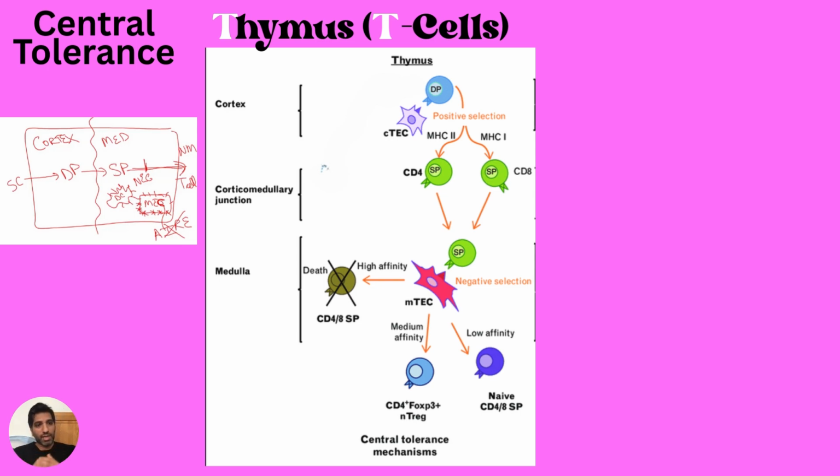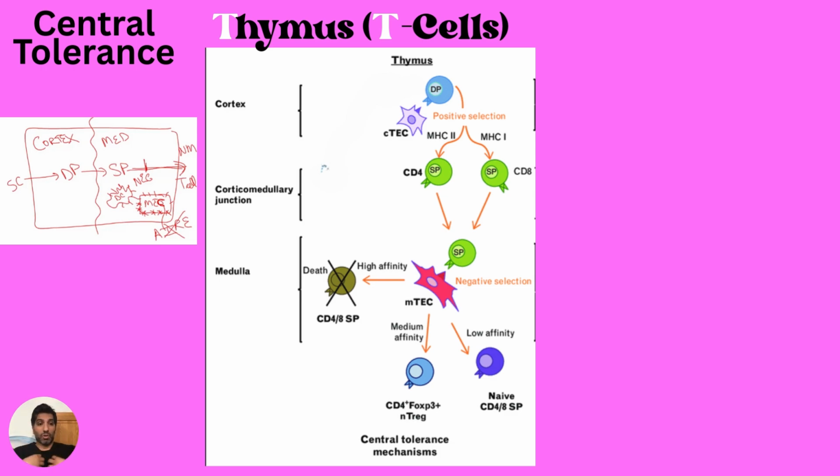Then the single positives go into the medulla of the thymus, where they undergo negative selection. Negative selection is basically, can they bind self antigen that is on dendritic cells or medullary epithelial cells? So, can the MHC2 bind to CD4, or the MHC1 bind to CD8, that has our self antigens on there?